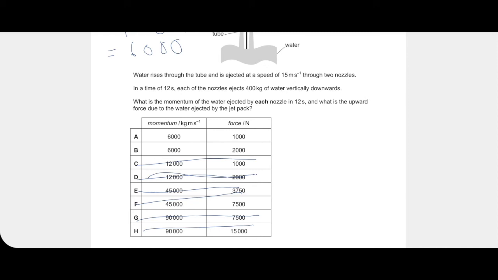So we need to multiply our 6,000 by 2, which gives us 12,000. That's the momentum of the jetpack, both nozzles. And divide by 12 seconds to calculate the force. So 12,000 divided by 12 is 1,000. Therefore, the answer is A. That is question number 23 completed.